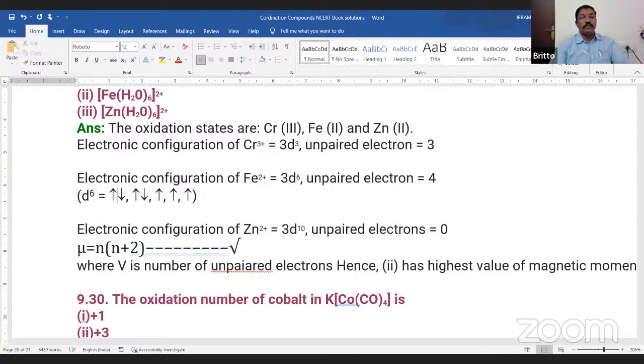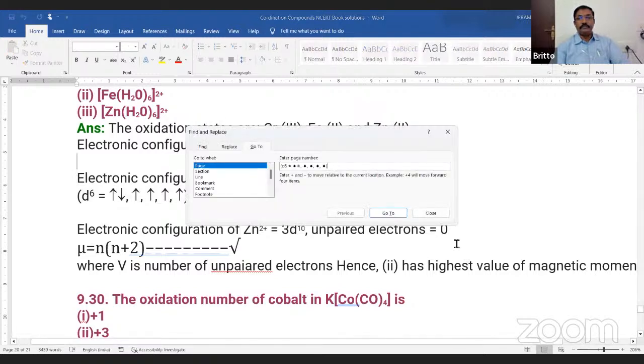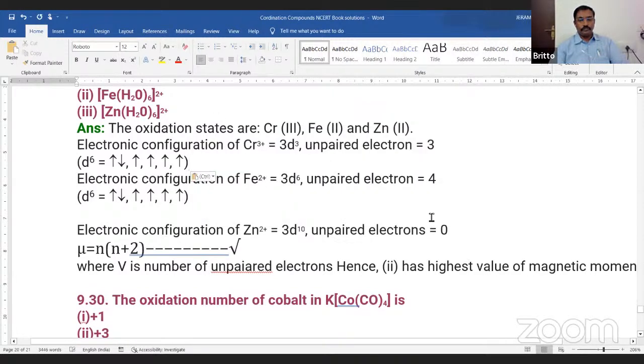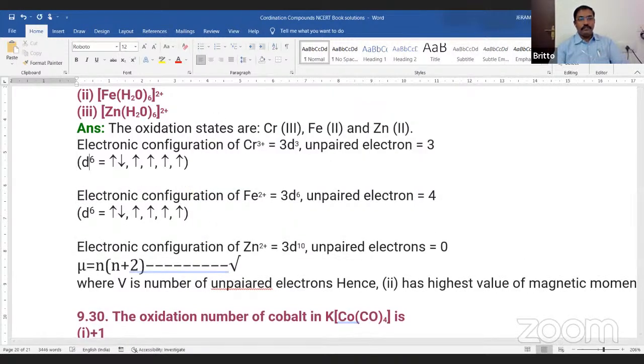So I have the first d orbital with 2 electrons, the second one 1, 1, 1, and the remaining 1 each. And if it is d3, then 0, nothing, empty. d3.